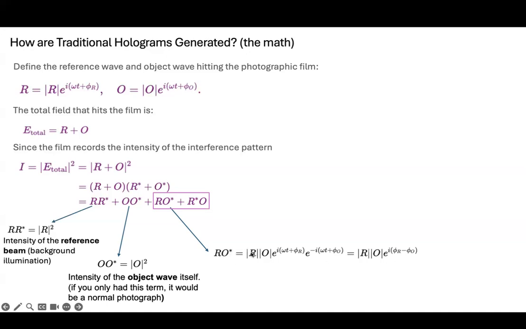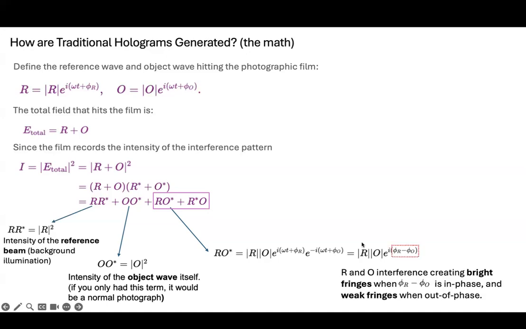If you expand this term, you can see that the intensity of this term depends only on the phase difference between your reference wave and the object wave. Meaning that R and O are interfering, and it creates a bright fringe when they're in phase and a weak fringe when they're out of phase. And the last term is just a mirrored version of this third term, the R star O.